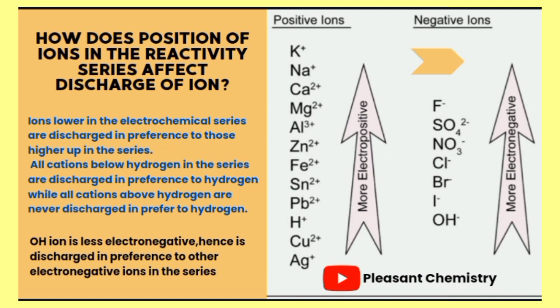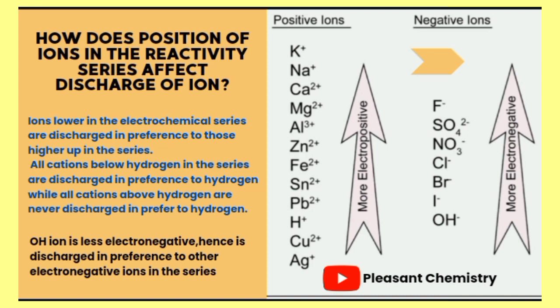So the factors that affect which one is being selectively discharged are the ones we are discussing right now. Now, how does the position of ions in the electrochemical series affect which ion will be discharged?